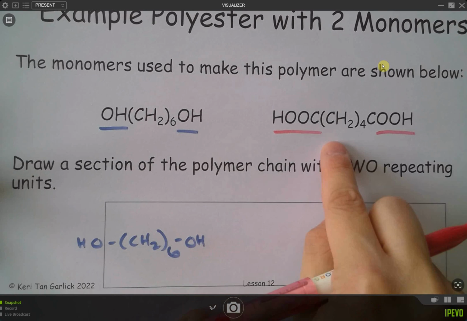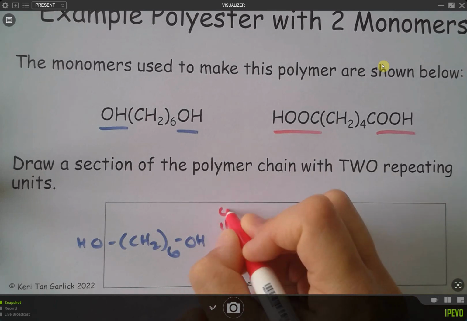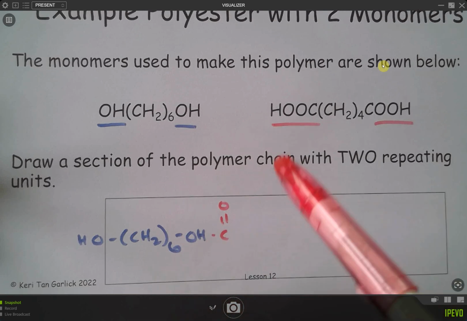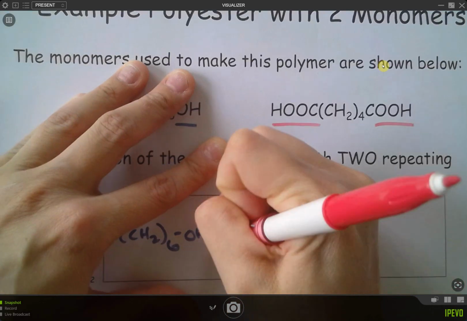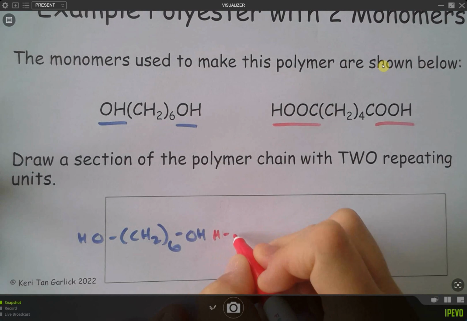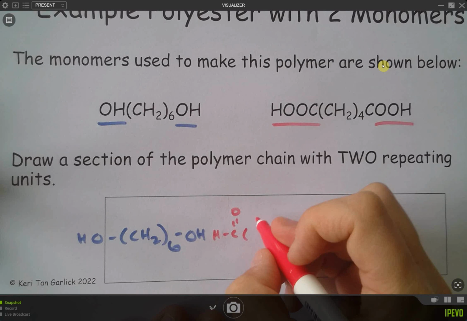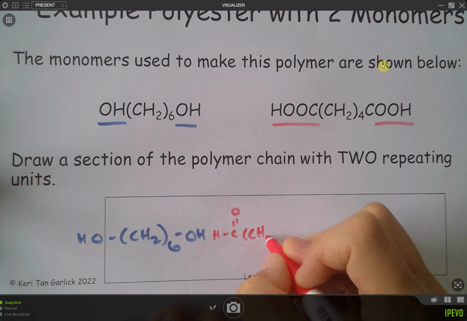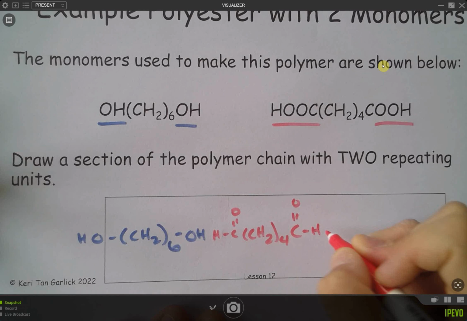So that's going to be the carboxylic acid. So C double bond O with our H. I'm going to try to draw them a little bit closer so we don't have that super long tail. And then we have a 4 repeating unit. And then we have another carboxylic acid. Are we good?